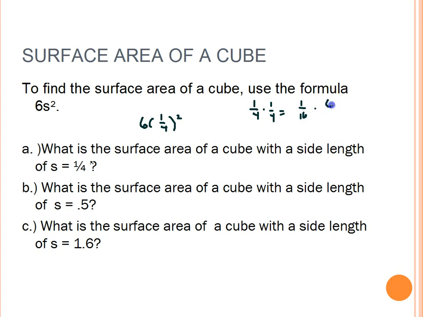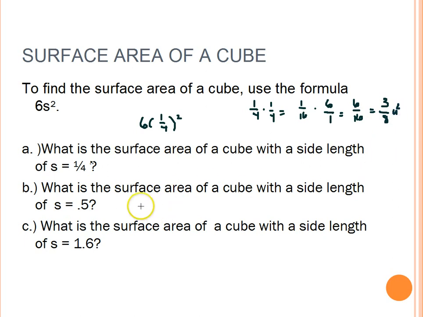If I put a 6 here, I have to make it into a fraction by putting it over 1. So it becomes 6/16. When I look at this, the numerator and the denominator both have a common factor of 2, so I'm going to divide that out because I have to simplify it. 6 divided by 2 is 3. 16 divided by 2 is 8. So my surface area is 3/8 units squared.